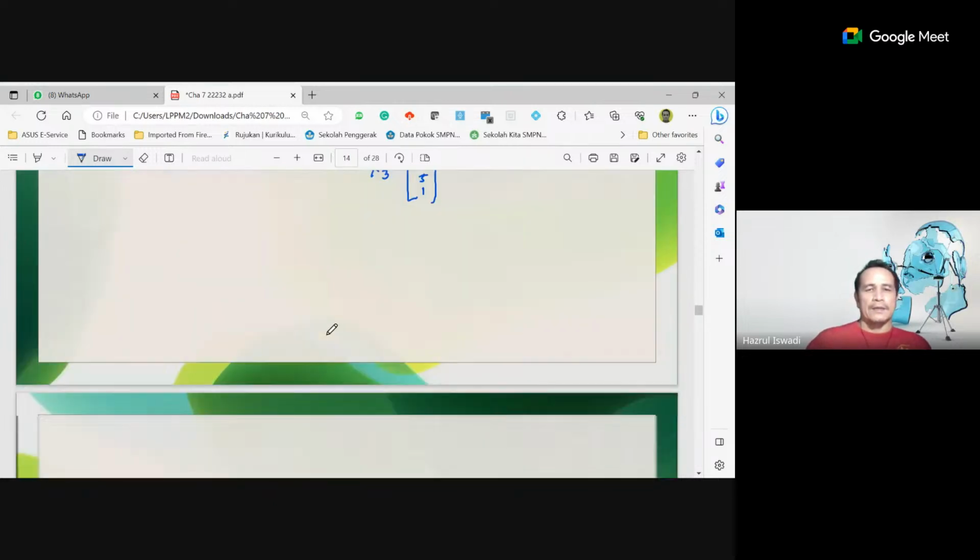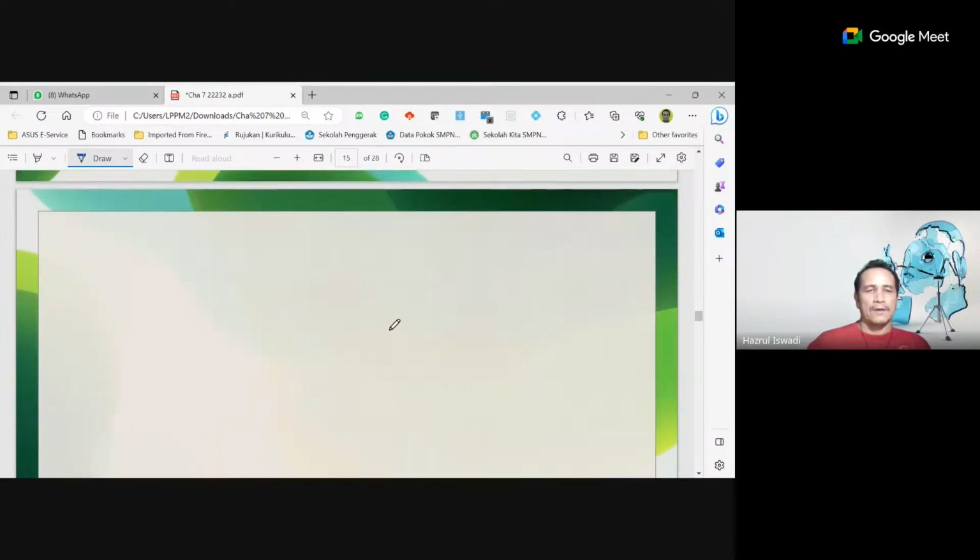So the summary for this problem, exercise 7.2.